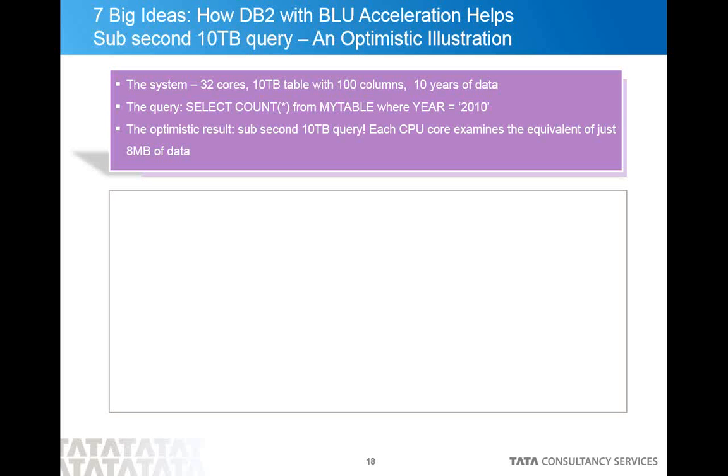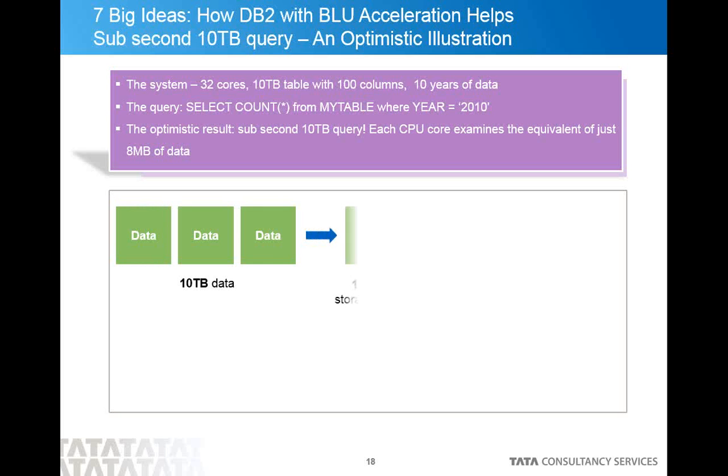So we can see here, currently we have 10 terabytes of raw data. Now, assuming that we are getting 10x compression, the effective data volume comes down to 1 terabyte.